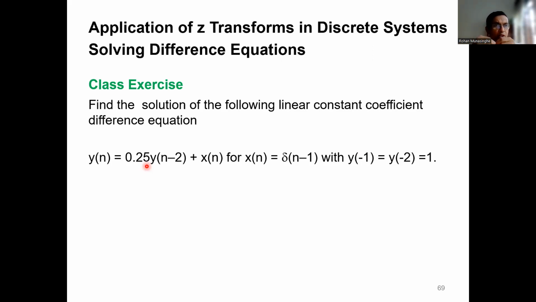You can't have previous samples of y or x[n] in the solution. Please understand the difference between this equation, what you see on screen, and the solution. You are asked to synthesize the solution, that is y[n] equals something as a function of n, only n. You can't have anything else.